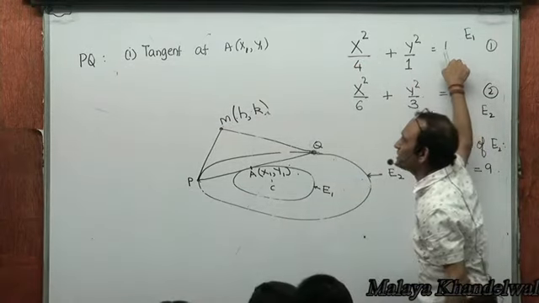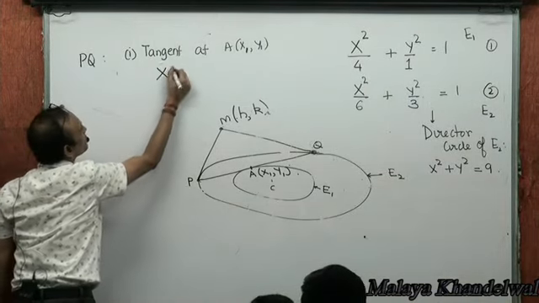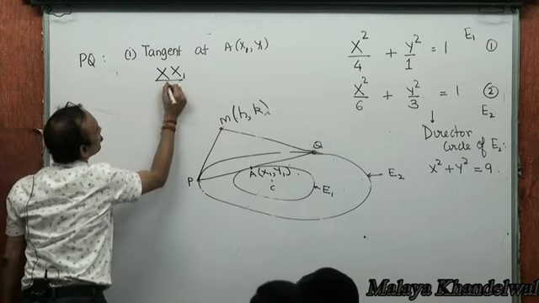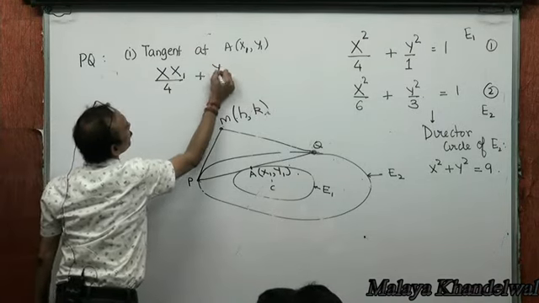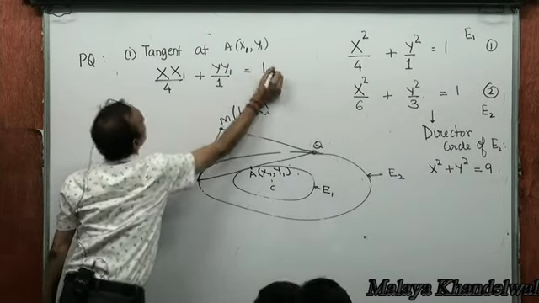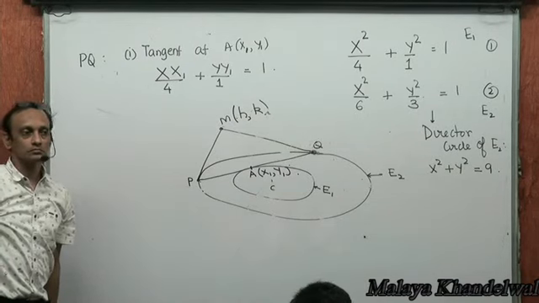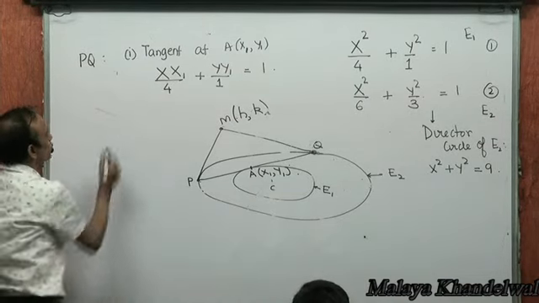So PQ when perceived as a tangent at x1, y1 is x1 by 4 plus y1 equal to 1. Yes or no?